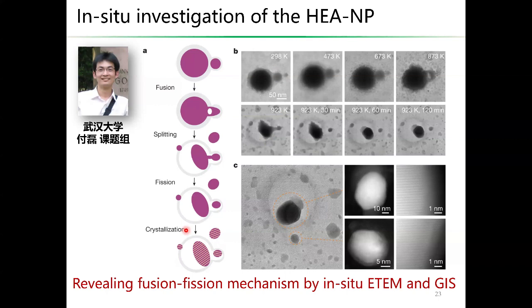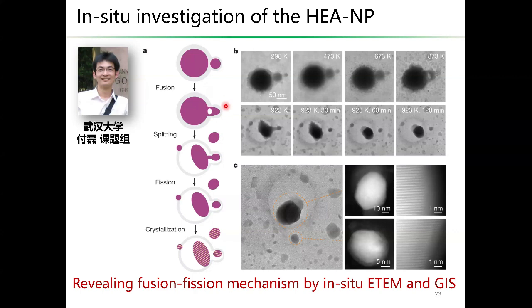That means in these high entropy nanoparticles, they keep continuously splitting and merging, so that the elements can uniformly mix inside the nanoparticle, so that the high entropy nanoparticle can form.